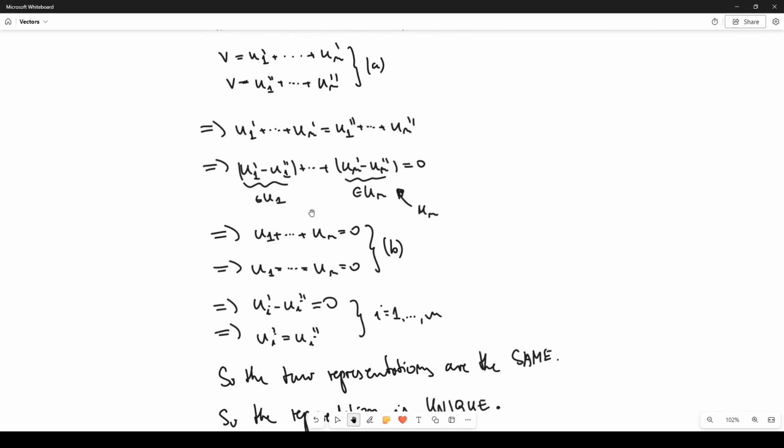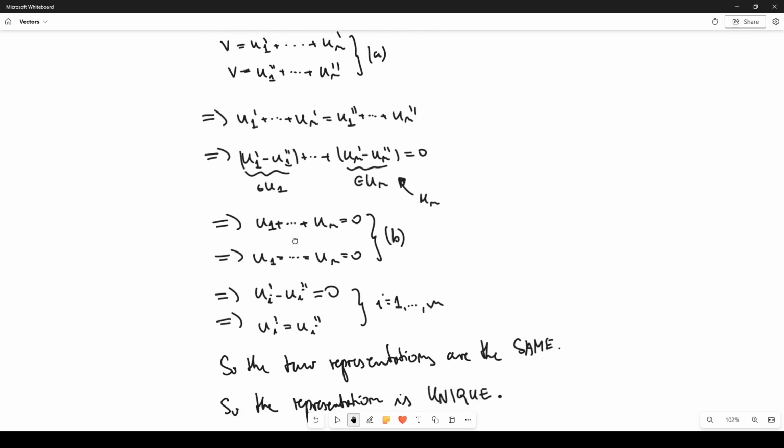So we have that this can be written as the following sum, so just some vector U1 plus all the way to UN is equal to 0, and now we use B. We've supposed that B holds, so this sum over here is equal to 0, and the only way to express 0 by our supposition is for all of these vectors to be equal to 0.